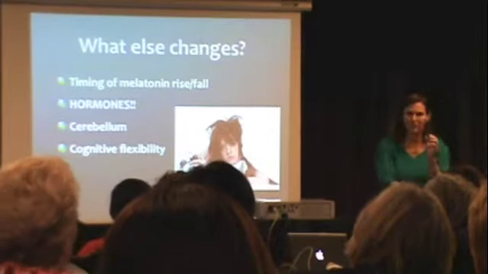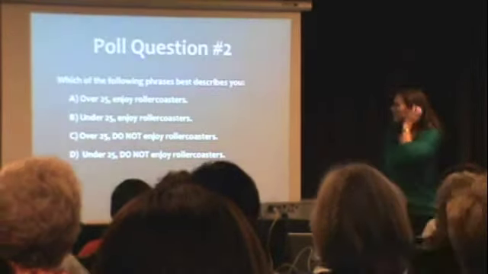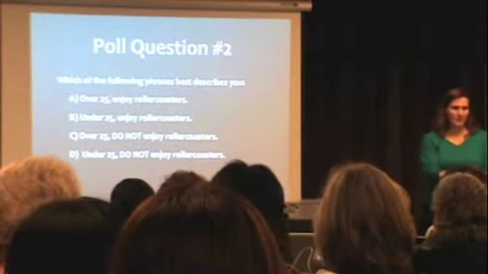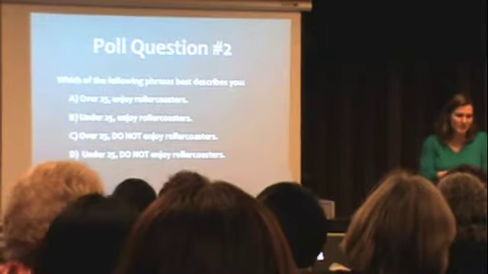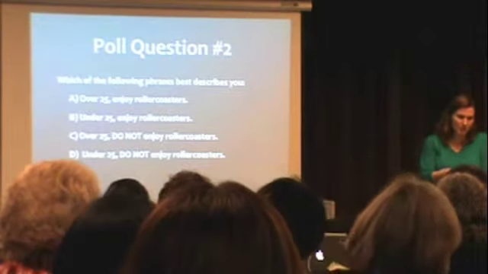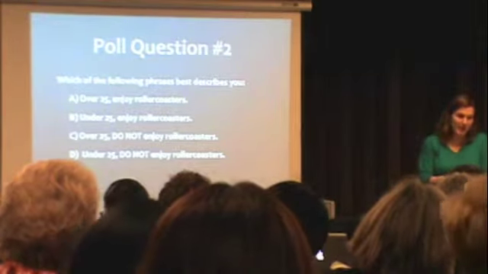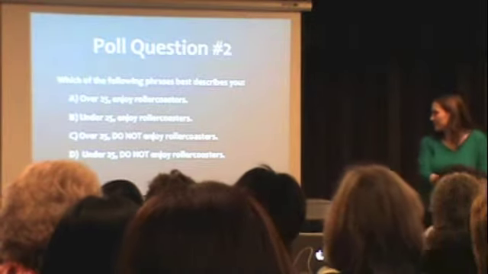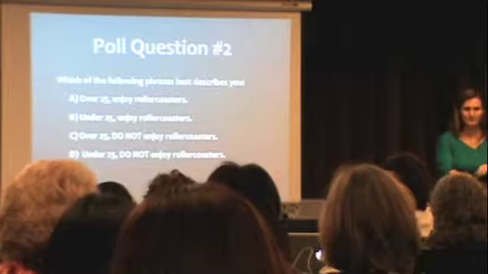All right, we have poll question number 2 coming up here. Which of the following phrases best describes you? Over 25, enjoy roller coasters. Under 25, enjoy roller coasters. Over 25, do not enjoy roller coasters. Under 25, do not enjoy roller coasters.